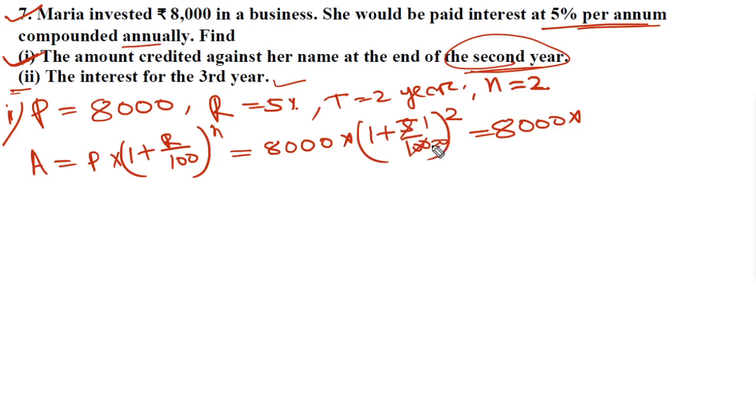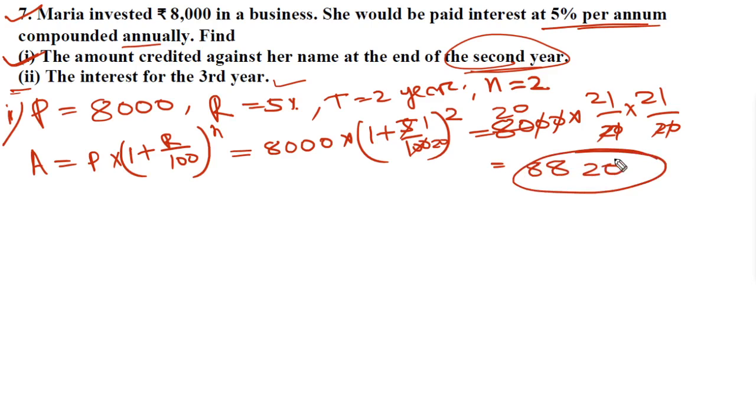So 1 plus 1 by 20, that will be 21 by 20 into 21 by 20. Now you can cancel 2 zeros with 2 zeros, then 2 to the 4, then here 20. So you have to multiply 20 into 21 into 21. So it will be 8820. So this is the amount for 2 years.